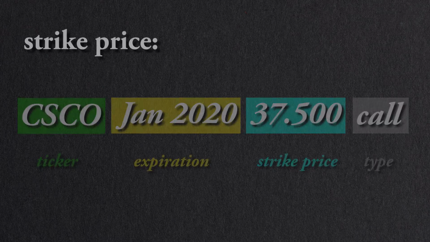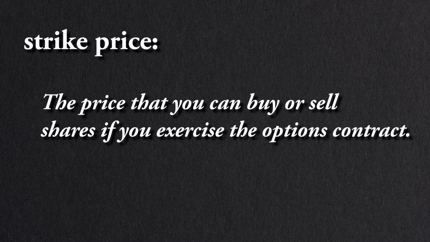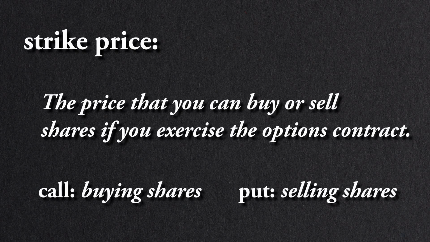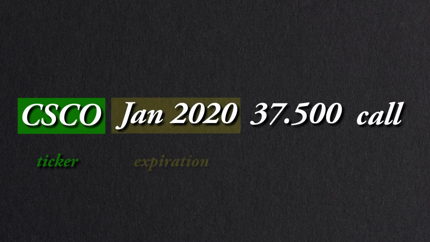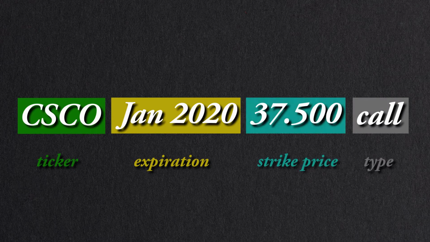The definition there is the strike price is simply the price that you can buy or sell shares at if you exercise the options contract. So if it's a call option, you'd be buying shares. If it's a put option, you'd be able to sell shares at that price. So again, in the example here, we see CSCO, that's the ticker for Cisco. It's a January 2020 call option, and the strike price is $37.50.